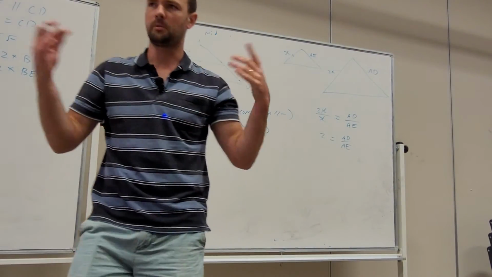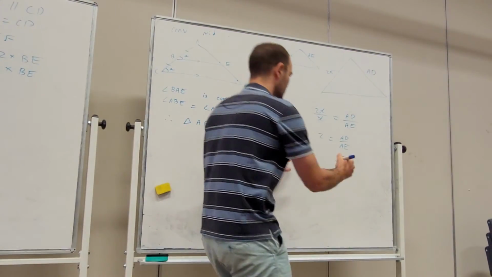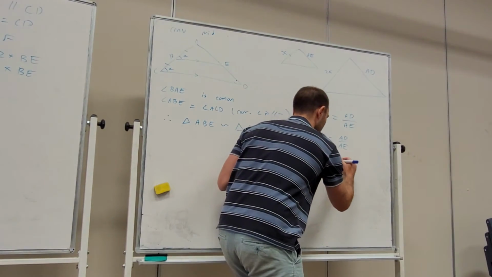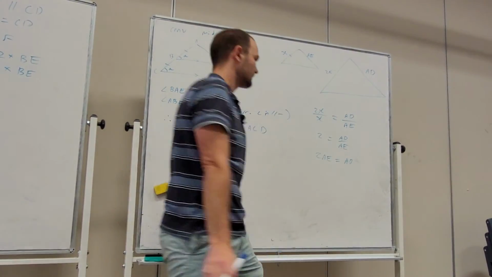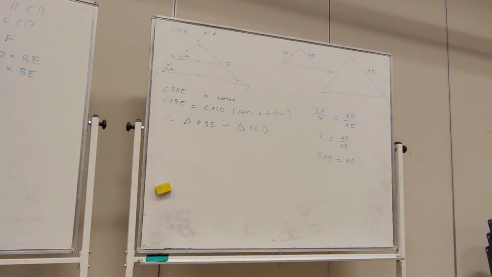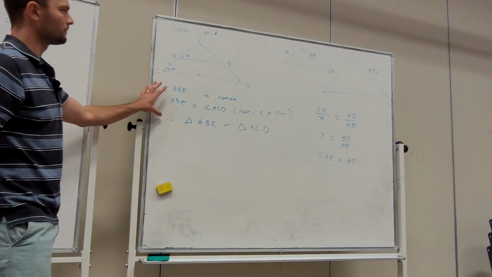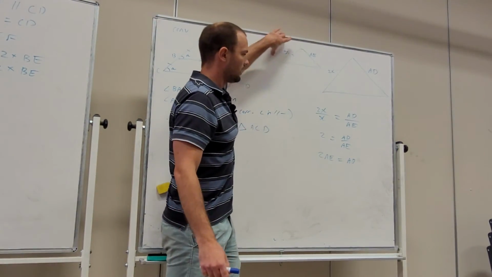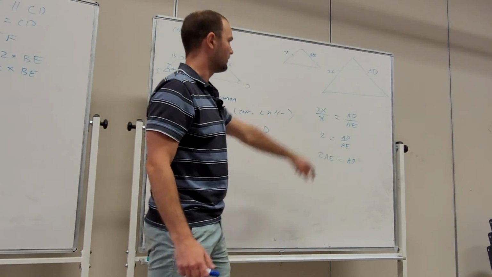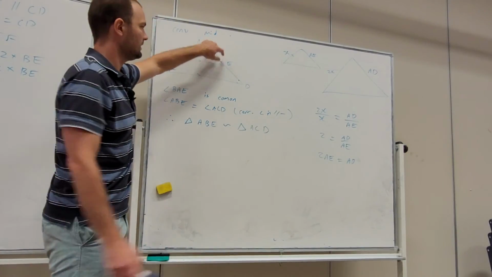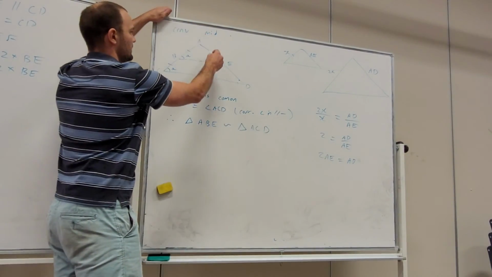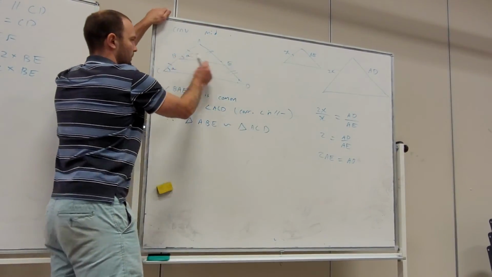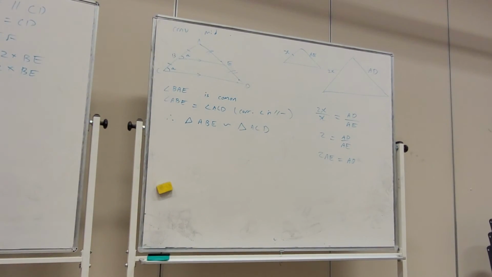Or we can multiply both sides by AE. 2AE equals AD. So that one is a fair bit easier, no construction involved. We just establish that they're similar triangles. Because they're similar, their sides are in a similar ratio, and therefore 2 lengths of AE is equal to AD. So that means BE bisects AD.